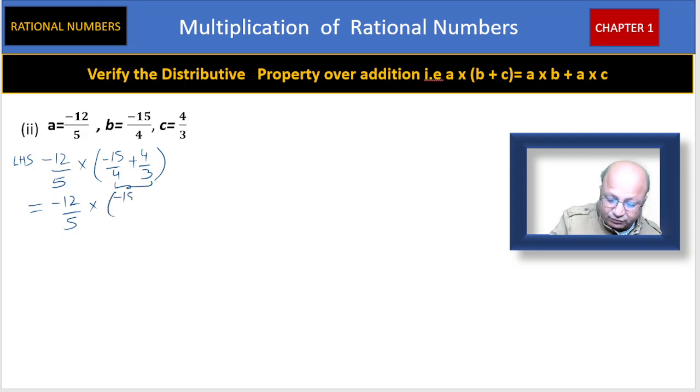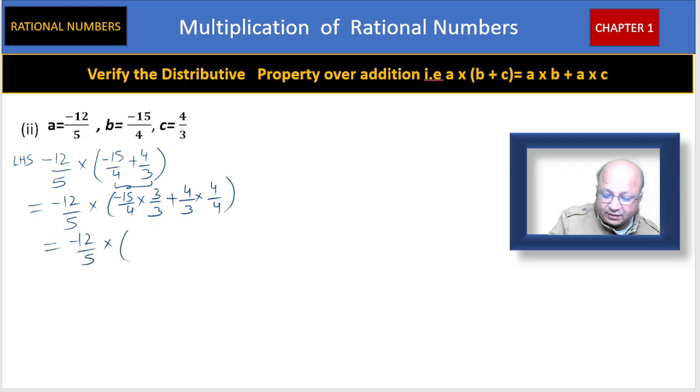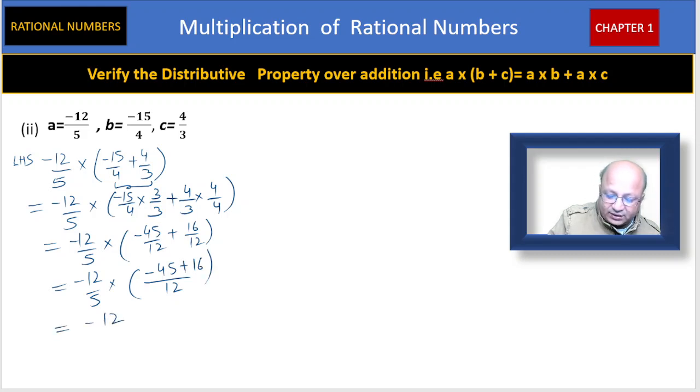So minus 15 upon 4 multiply it with 3 and divide it with 3 plus 4 upon 3 multiply it with 4 and divide it with 4 is equal to minus 12 upon 5 multiply by minus 45 upon 12 plus 16 upon 12 is equal to minus 12 upon 5 multiply by, 12 will be the denominator, minus 45 plus 16 is equal to minus 12 upon 5 multiply by minus 29 upon 12.